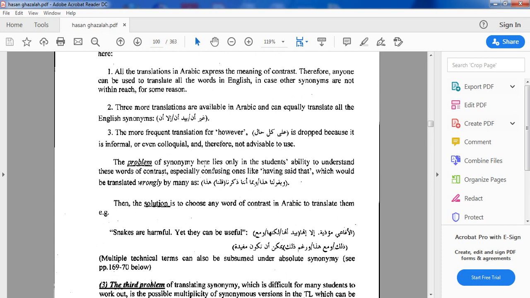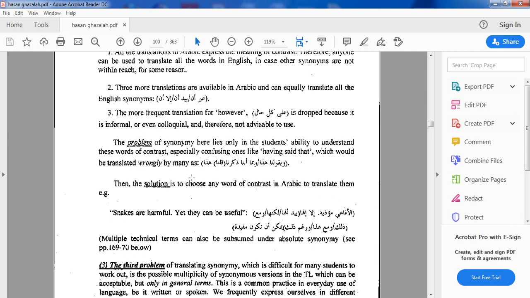So the problem of synonyms here lies only in the student's ability to understand these words of contrast, especially confusing ones like having said that, which would be translated wrongly by many students as وبقولنا هذا وبما أننا ذكرنا ذلك. Okay, having said that.